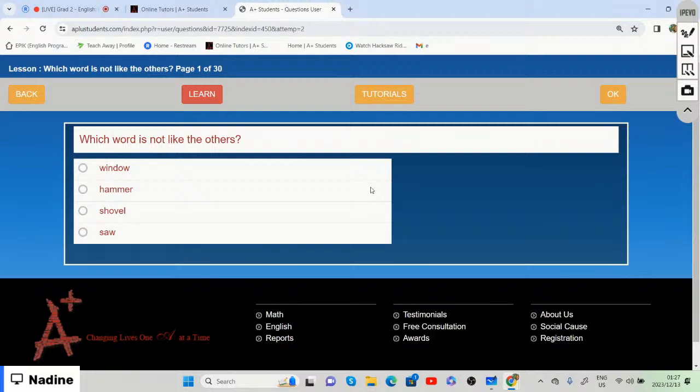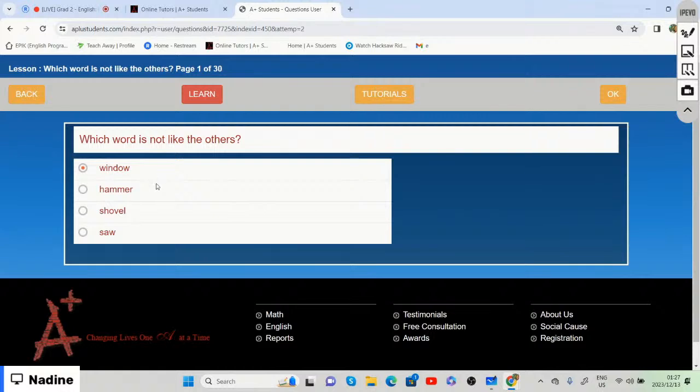Then we have hammer, shovel, and a saw. All right, so if we select the correct word that is not like the others, then we will say it's window, right?